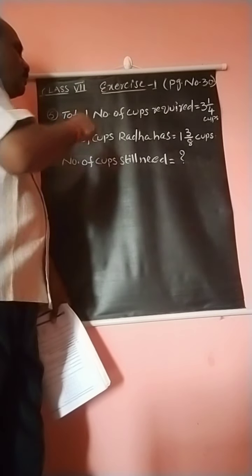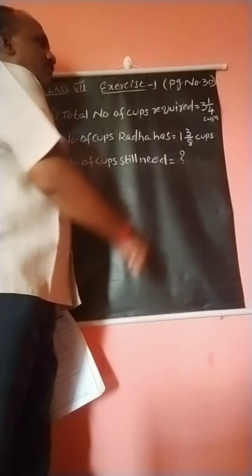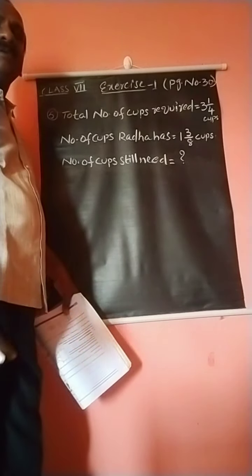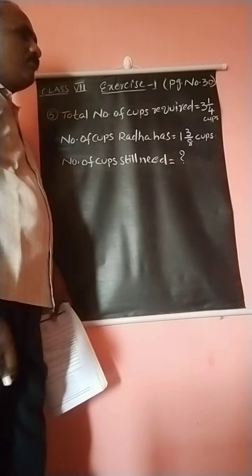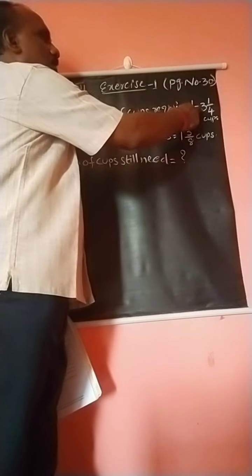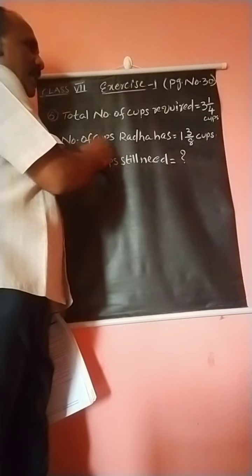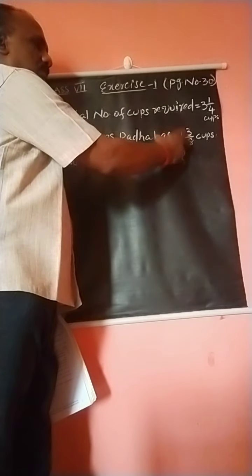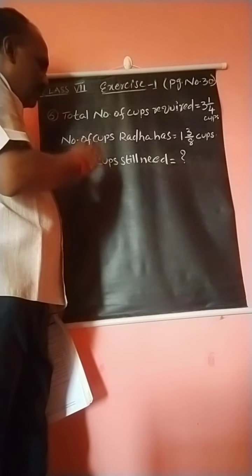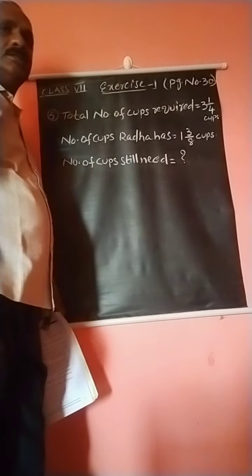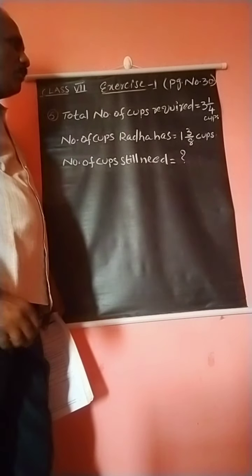The total number of cups required for the recipe, for the preparation, is 3 1/4 cups. But Radha has only 1 3/8 cups. Still, how many cups she needs is the question. For that, what do we do?